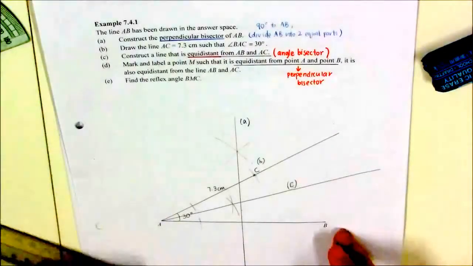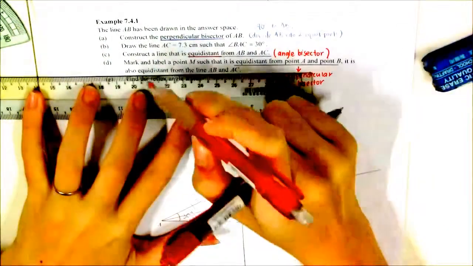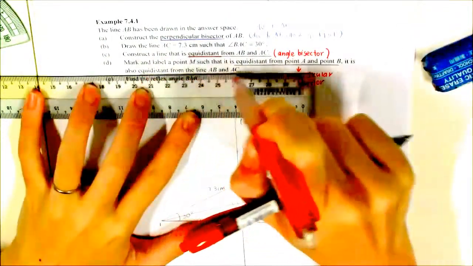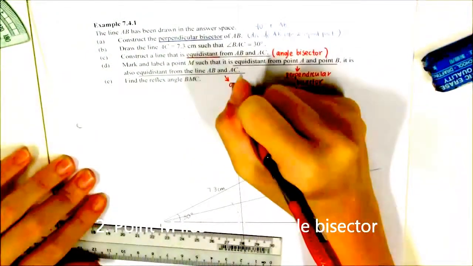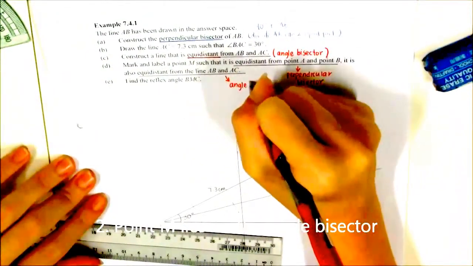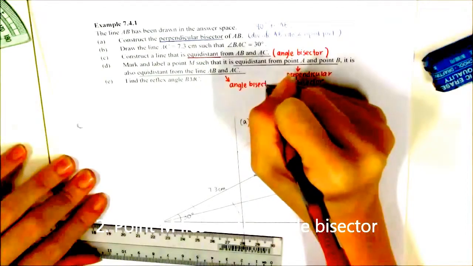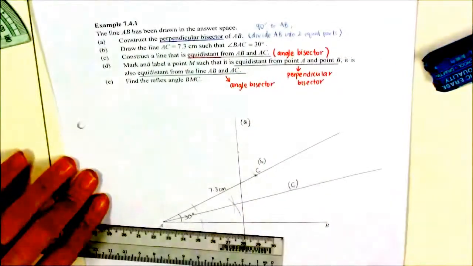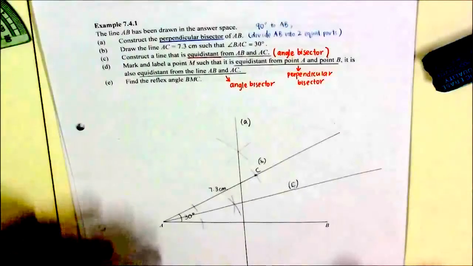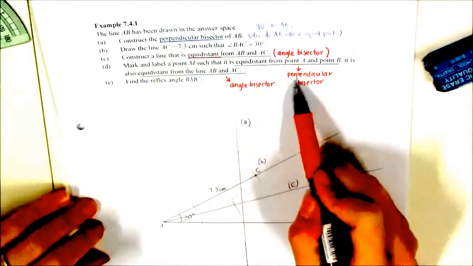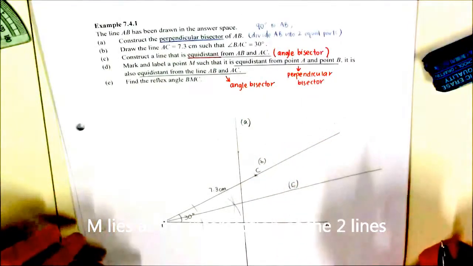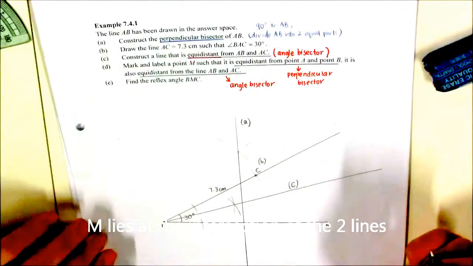And the second part is also equidistant from the line AB and AC, which actually also means it has to lie on the angle bisector that we have drawn earlier in part C. So we combine both information together, point M must therefore lie on the intersection between the perpendicular bisector and the angle bisector.